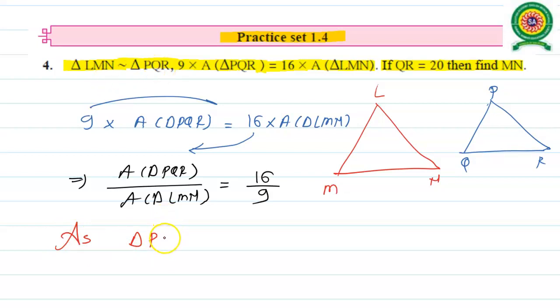Since the given two triangles are similar, triangle LMN is similar to triangle PQR. That means triangle PQR is similar to triangle LMN, by the property of symmetry in mathematics.